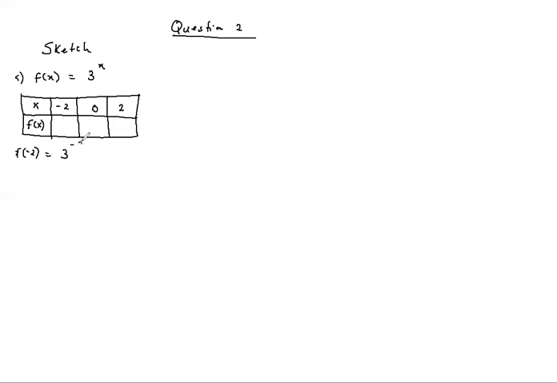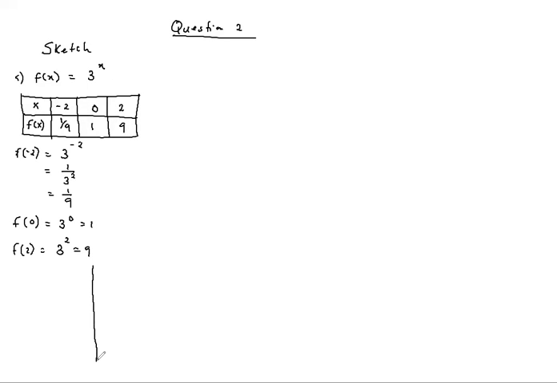So I have 3 to the power -2, and this is 1 over 3 squared, which is 1 over 9. Again, I have f of 0, which is 3 to the power 0, which is just 1. And then f of 2, this is 3 to the power 2, which is 9.